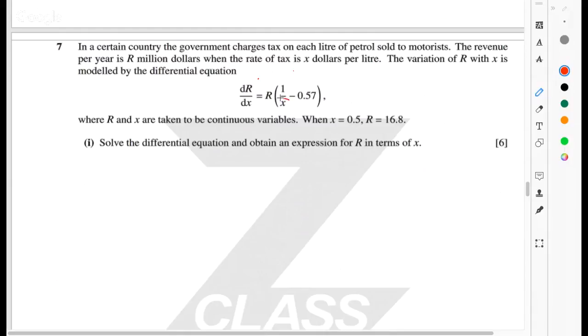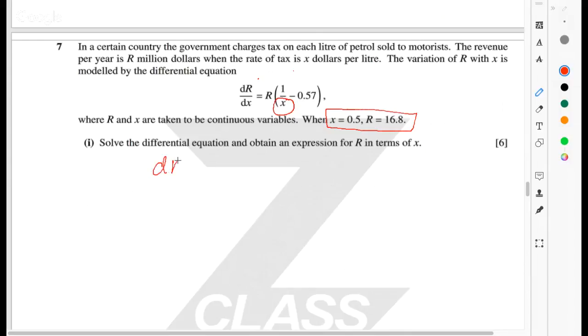But as we increase the value of x, you come to a point when 1 over x is roughly 0.57, at which point you can't further increase the value of x, because then you can't cross a stationary point, so to speak. And apart from the differential equation, we're given a point where, when x is 0.5, R is 16.8. Because we can do separation of variables, this is enough for us to solve the problem.